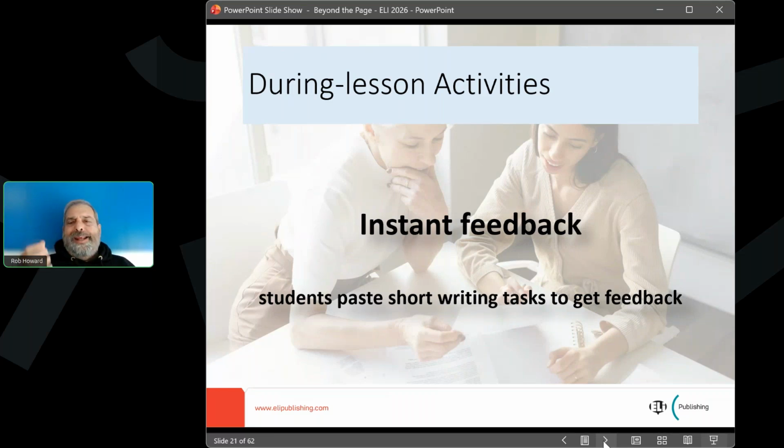Instant feedback, especially for writing, put the writing into an AI correction and ask them how it is. I'm working right now on seeing who will do the best job.